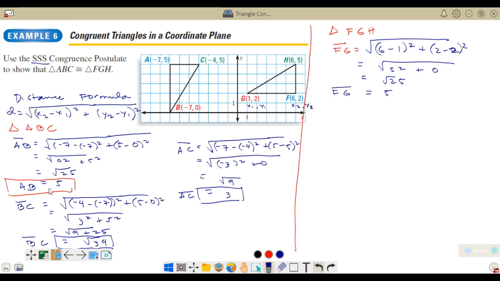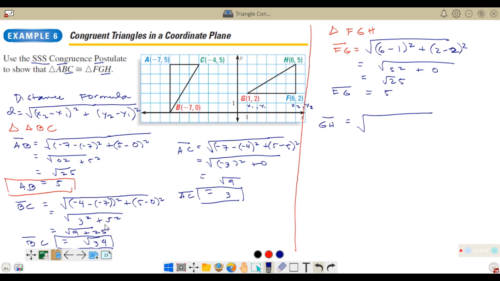Ah, tama ako ng hula. Next, we have, may clue naman tayo eh. Oh, AB, FG, BC, GH. Tapos yung dalawang huli, AC, FH. Okay, so next we have BC. BC, ano nga itong kasunod? GH. GH. Yan. GH. Corresponding siya sa BC according dito sa clue natin na triangle.